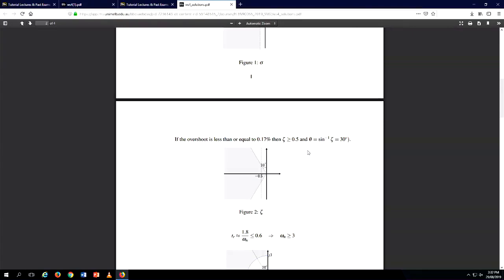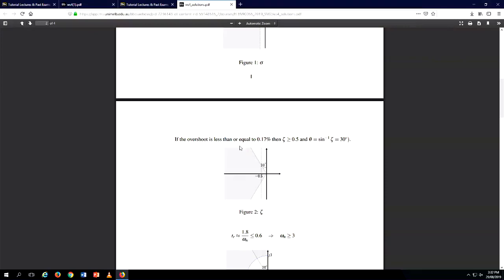That's taken from a diagram that I gave you in the lecture notes. Since zeta should be greater than 0.5, the angle of these lines that determine the region where our poles should be is obtained as arcsine of zeta, which is 0.5. You find that the angles should be 30 degrees.